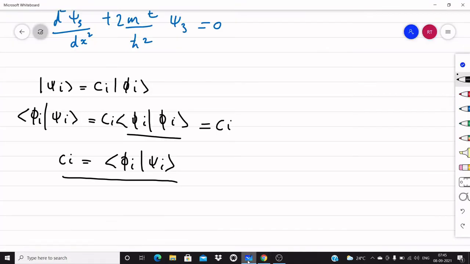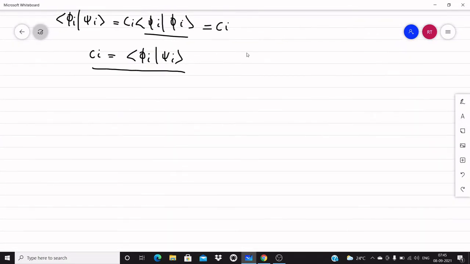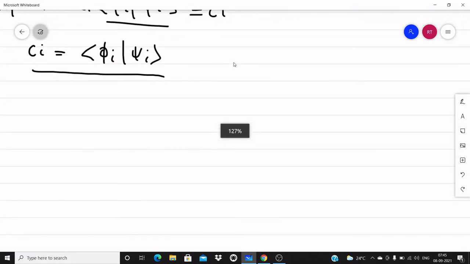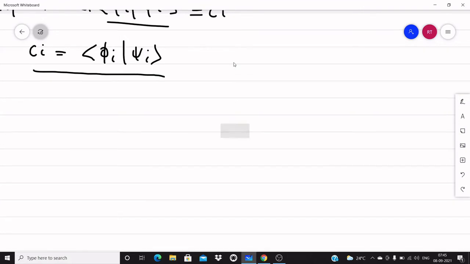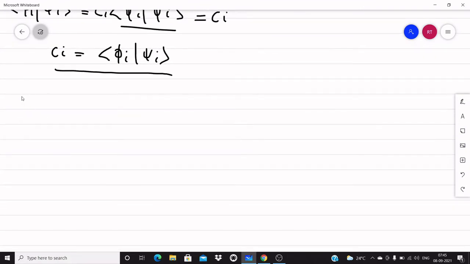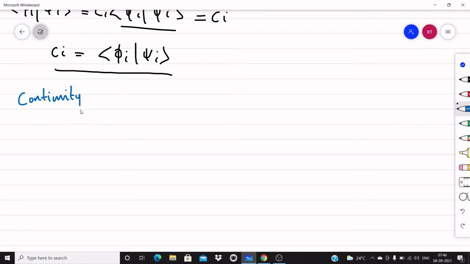Let us write that. First, at x equal to 0, continuity equations of psi and d psi by dx at x equal to 0. That is what we are going to analyze first.